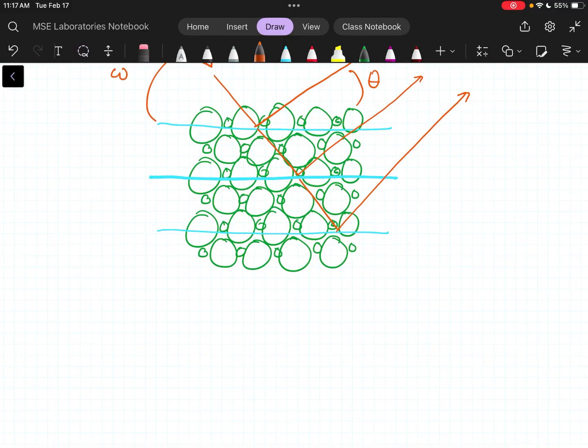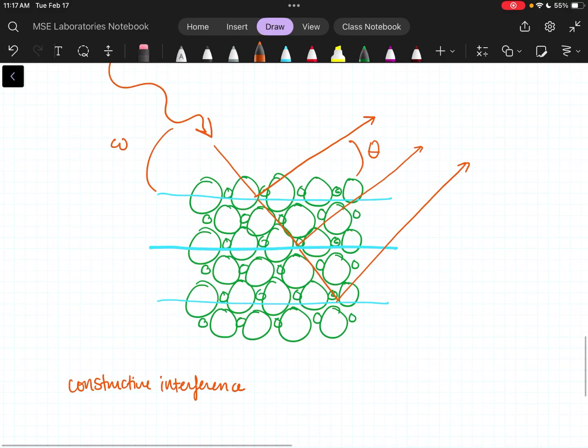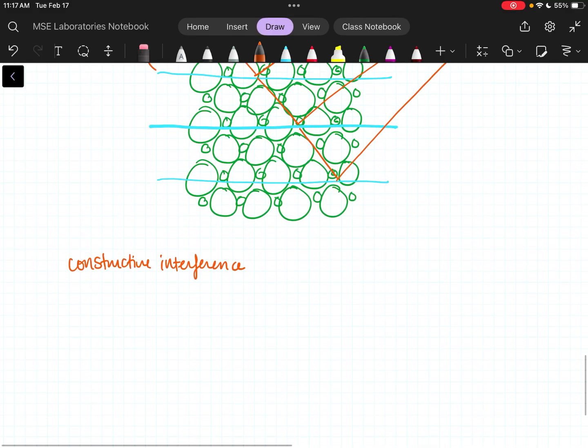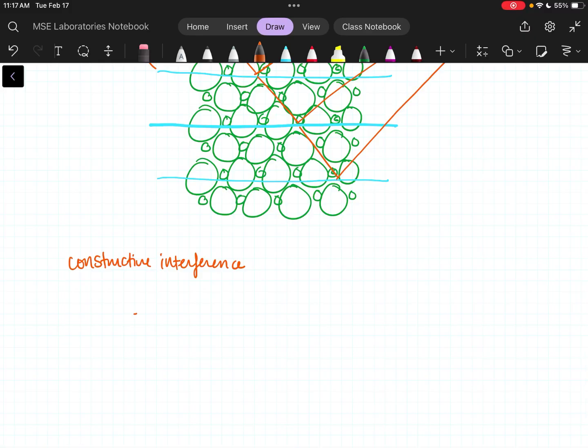Got a little geometry situation going on here where I can solve a right triangle. So depending on all of those things, I will sometimes get constructive interference between my three X-rays up here.